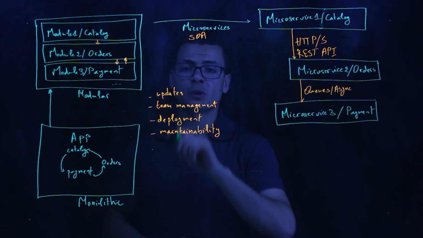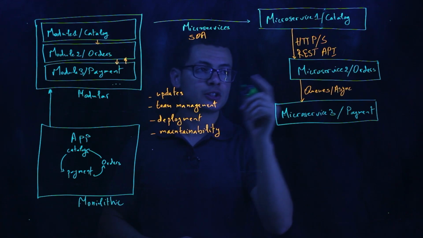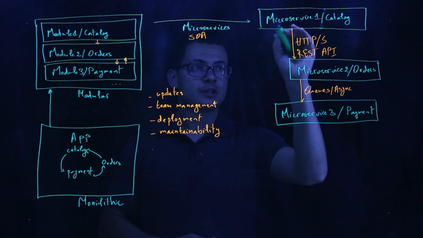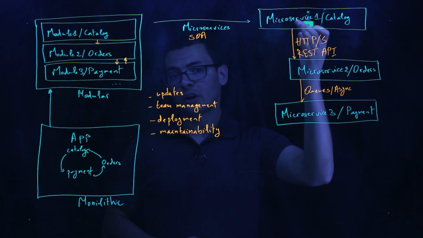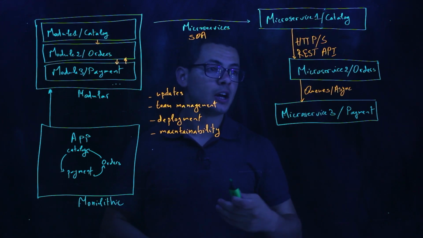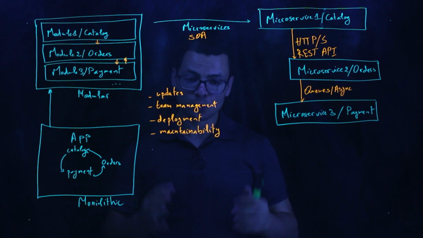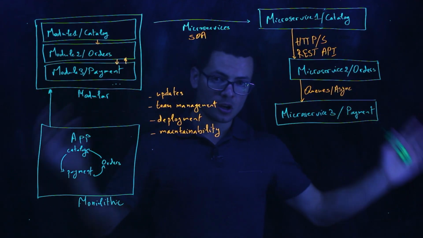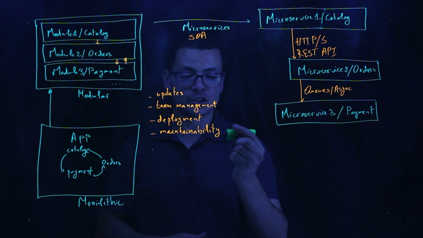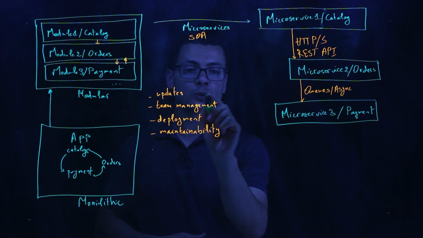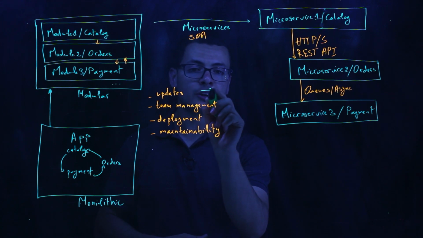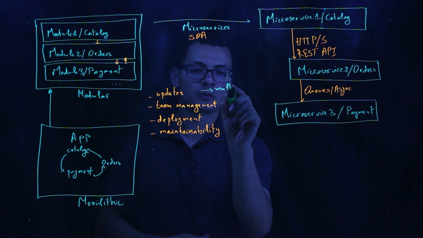So this solves the problem of updates, because we'll have smaller code. It is easier to understand, and easier to add features to a smaller code base instead of one big giant application. So updates will be easier thanks to this approach called multi-repo.